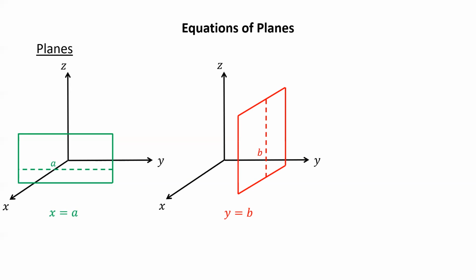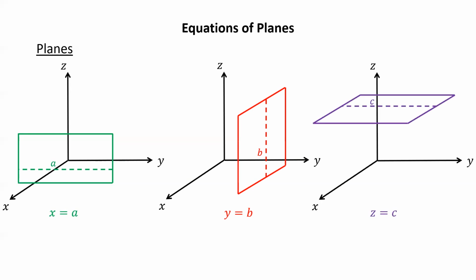The xz plane itself has equation y equals 0. And finally, planes with equation z equals c for some real number c are parallel to the xy plane. The xy plane has equation z equals 0 because the z coordinate of every point in the xy plane is 0.